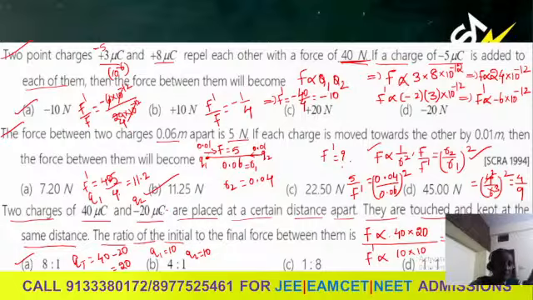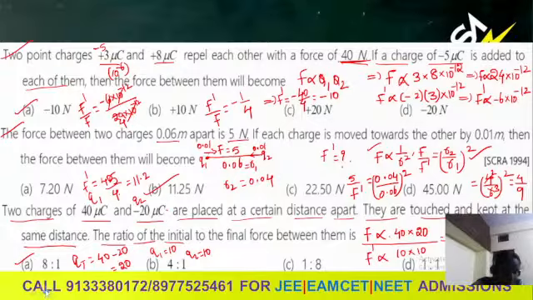If charged bodies are in contact, charge distribution takes place. Charge can be shared by each body equally. Charge transfer takes place till they become equal. Clear?